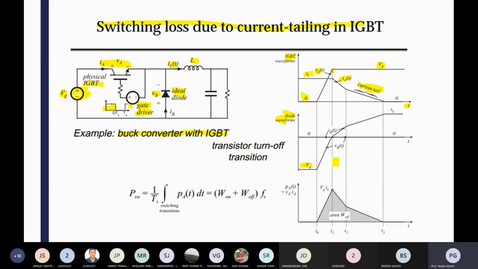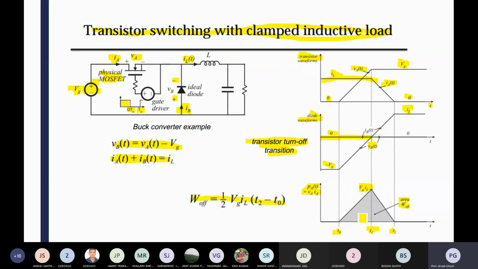It is maximum VG IL, so you get two waves. If you compare both areas, the area is quite different.